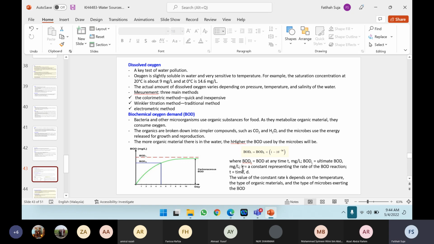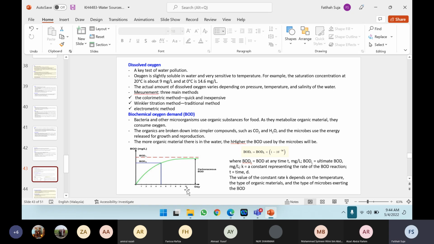So usually you measure BOD5. Why do we measure BOD5? Because for BOD ultimate, you can see this is the very steep portion of the measurement until 5 days.